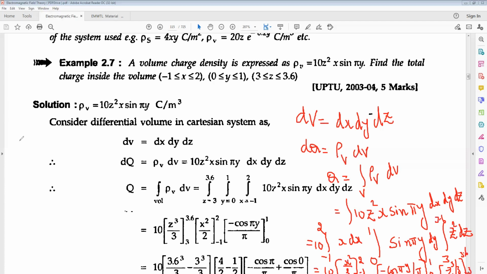So simplify the equation here. 10 into x square by 2, that is 2 square minus -1 whole square by 2 as per the x limits, minus cos pi, y value is 1, minus, already we have here, minus of cos pi into 0 by pi.